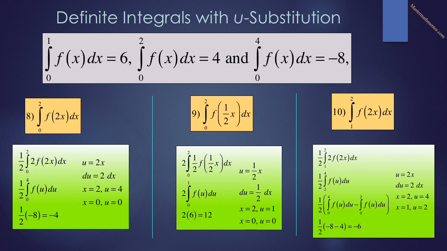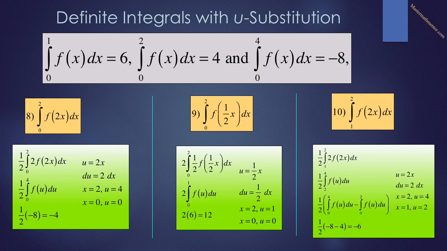If x is equal to 2, u is equal to 4. So we have 1/2 the integral from 0 to 4 of f of u du. The integral of f of u du is negative 8 from 0 to 4, so 1/2 of negative 8 is negative 4.